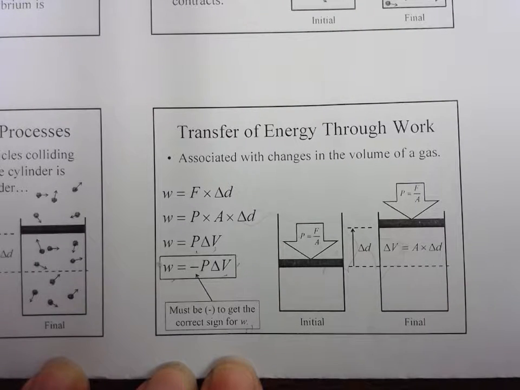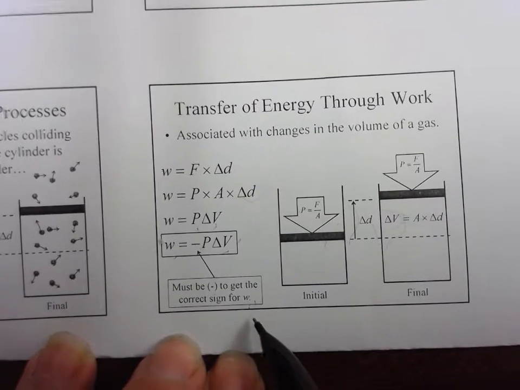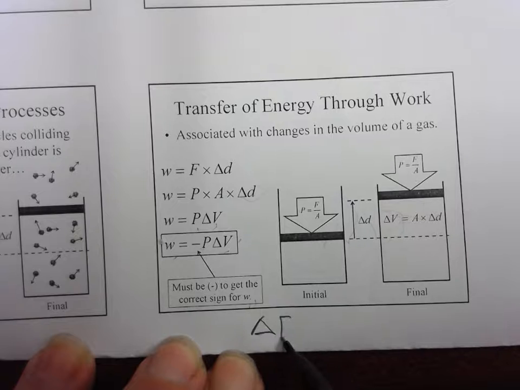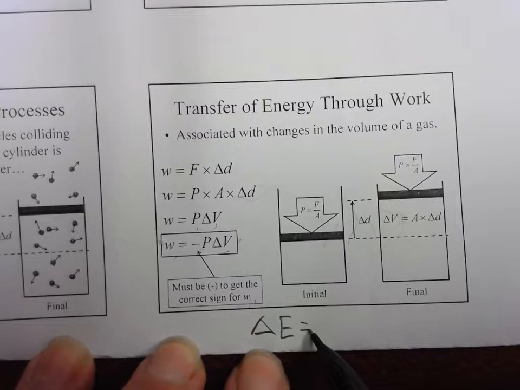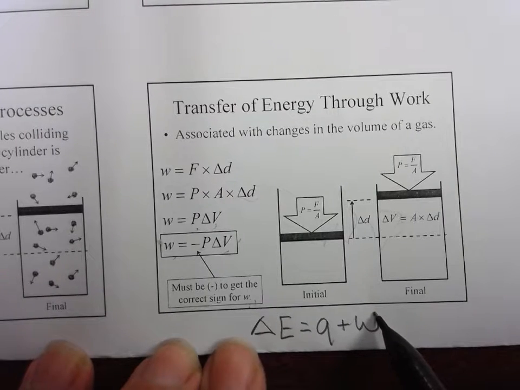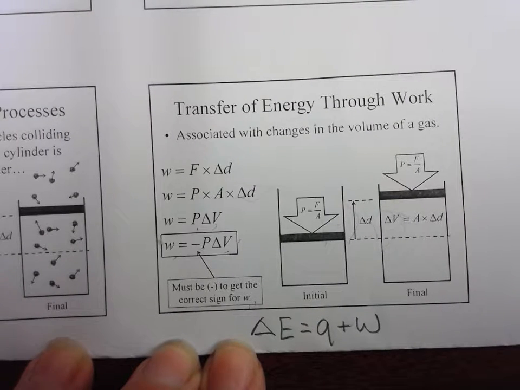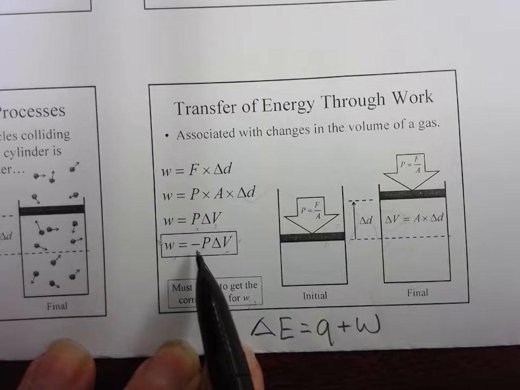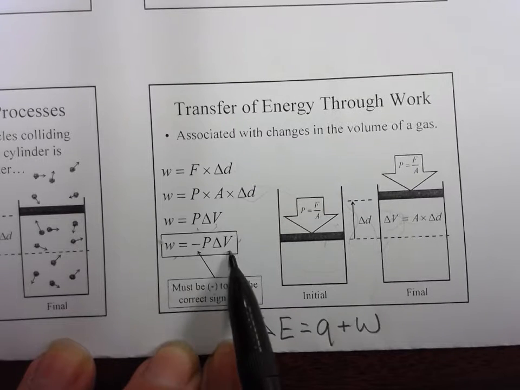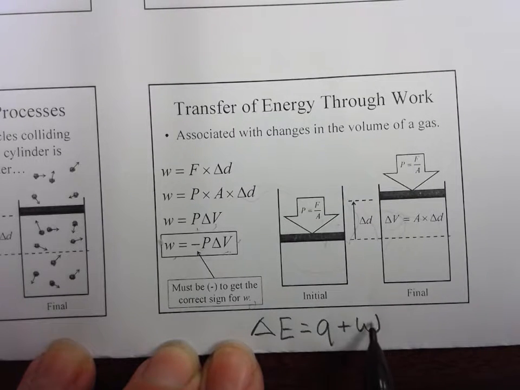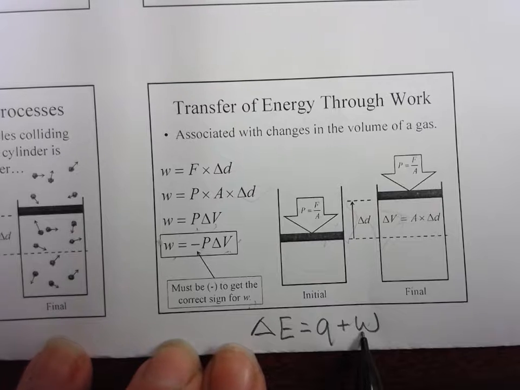So if we go back to our equation here, the change in energy is equal to the heat plus work. So when we're talking about the work done on a system by the surroundings, or work done on the surroundings by the system, you have to have a negative value times the change in volume in order to get the correct sign to plug into this equation here.